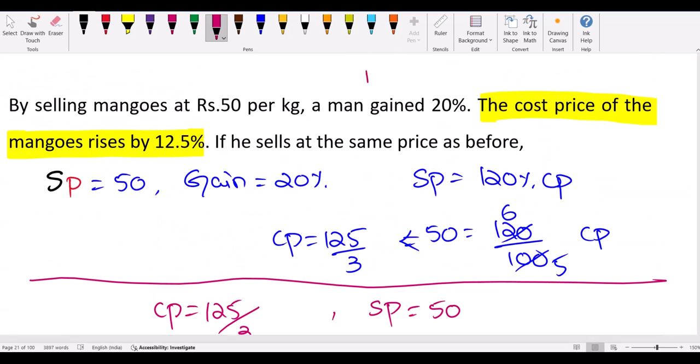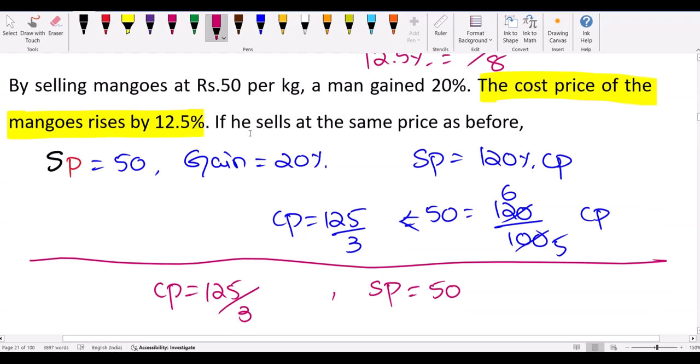The cost price increased by 12.5%. 12.5% means 1 upon 8. See, 50% means how much? 1 by 2, half. 25% is 1 by 4. 12.5 means 1 by 8 extra. Already 125 by 3, now 1 by 8 extra means you should write 9 by 8.